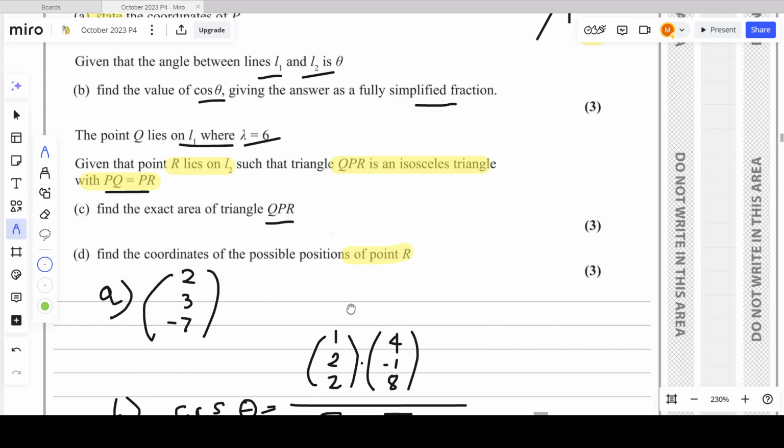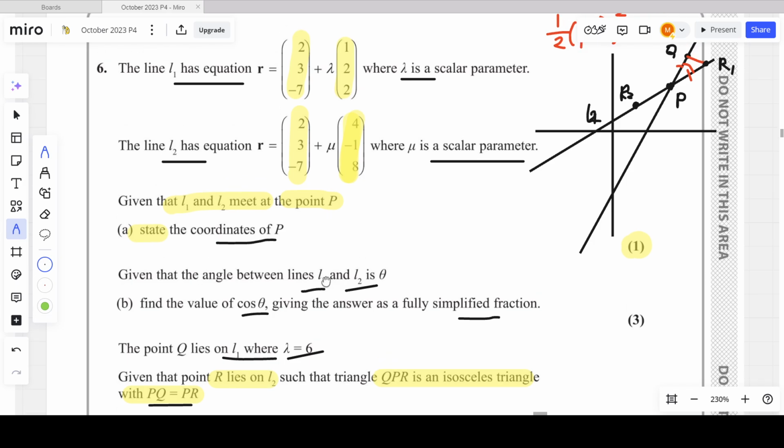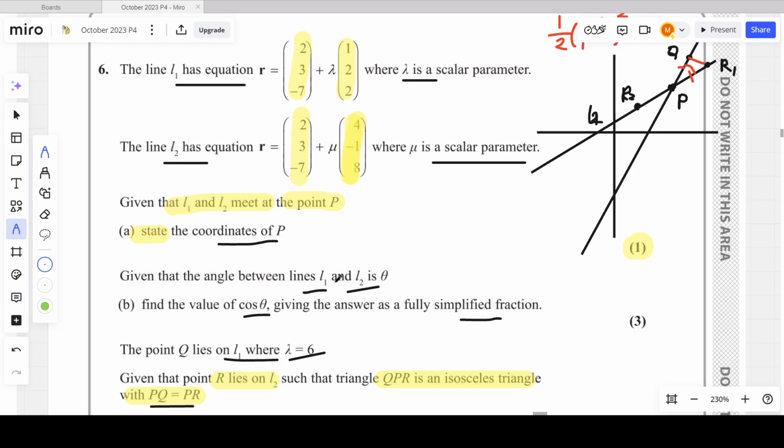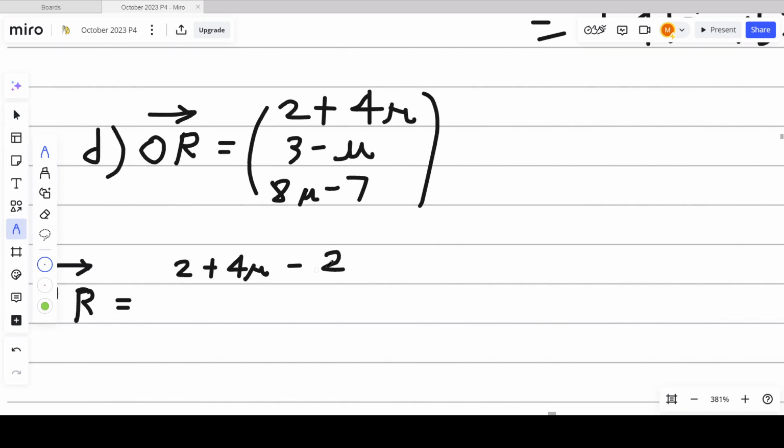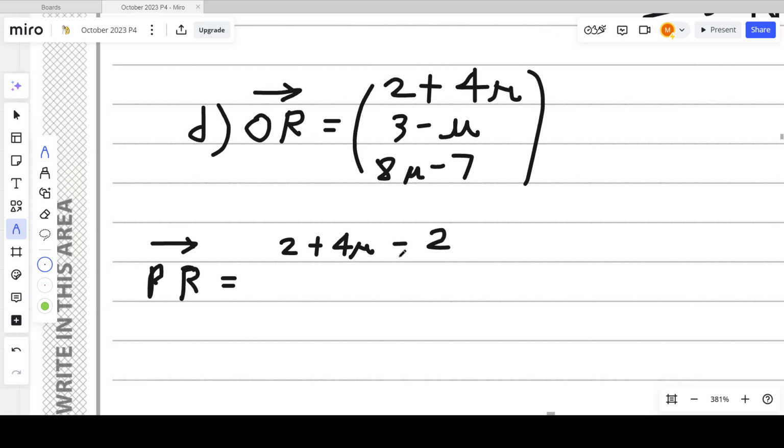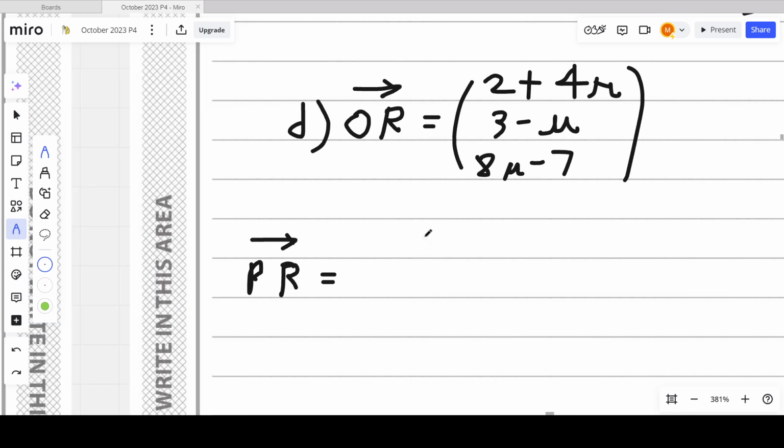Since point P lies on line L2 and also line L1, it will be just their common point. It will be just the parallel component. If you subtract, you will get just 4 mu, because their initial point is common.